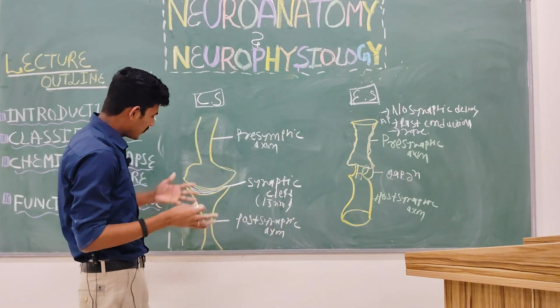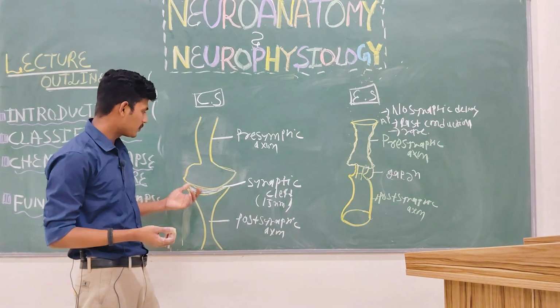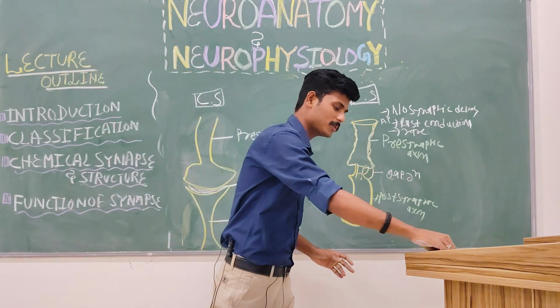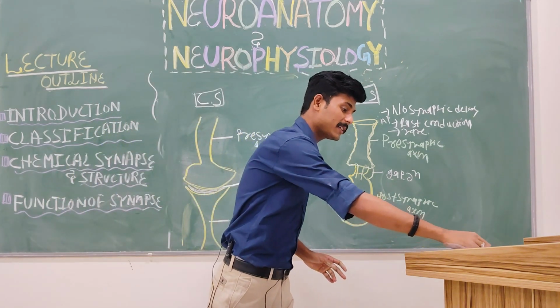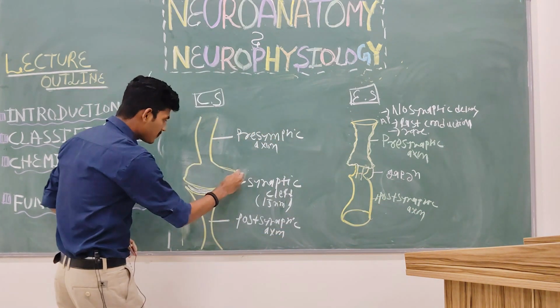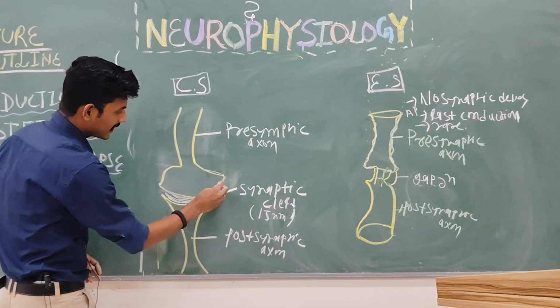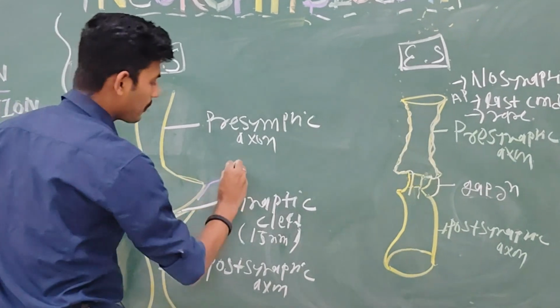Now, if we only say one neuron, another neuron, it's difficult to make conclusions. So for that it is given a special name. The first neuron's ending part is referred to as the presynaptic membrane.